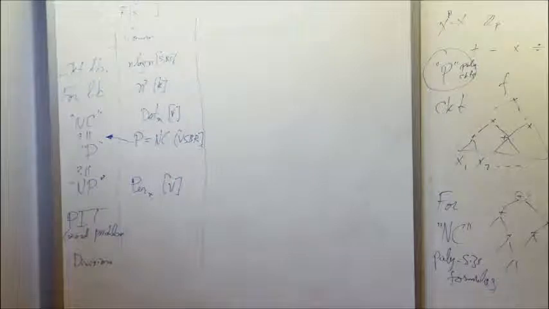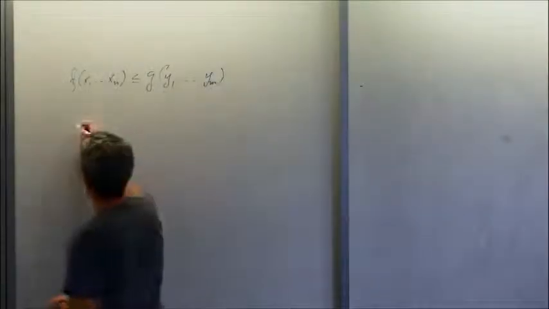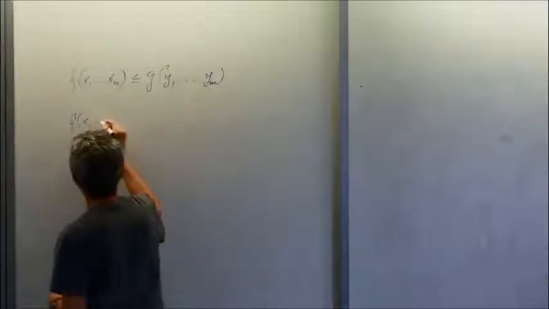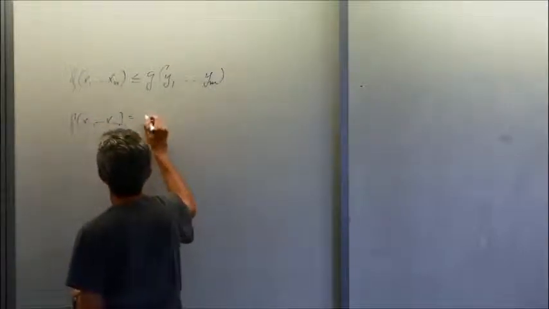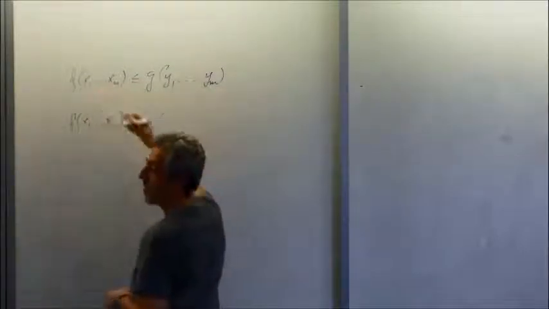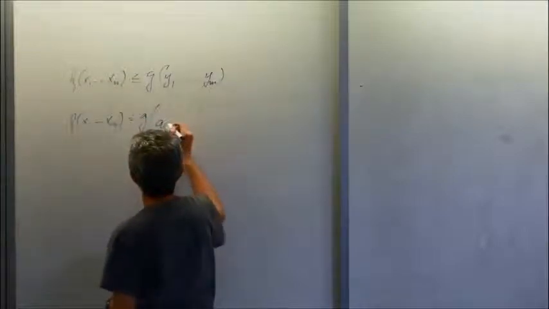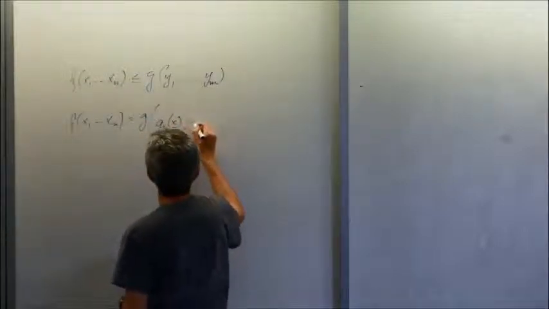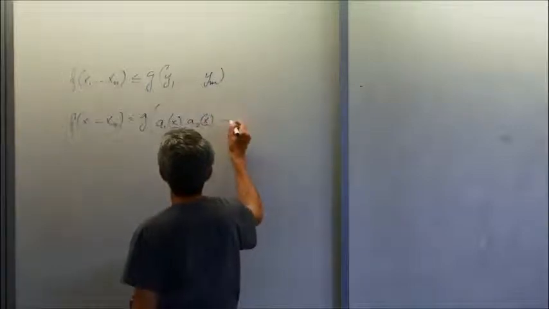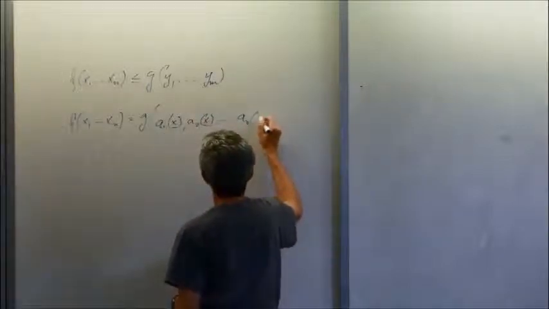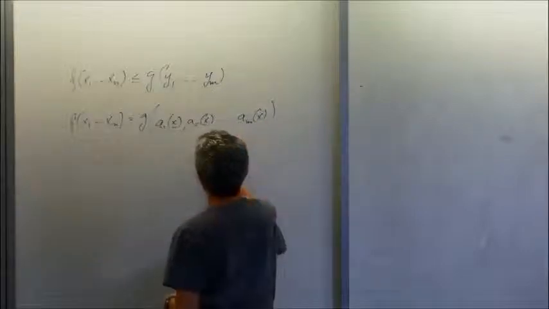So what you say is that the polynomial f reduces to a polynomial g in more variables if simply f equals g once you substitute for the variables some affine forms, so the a_i are affine.